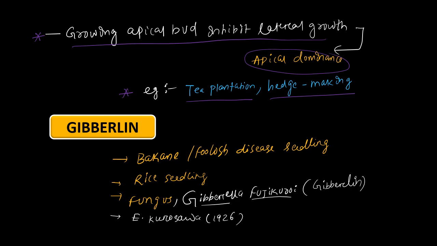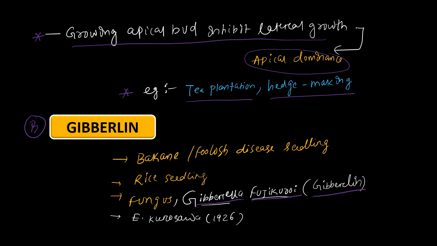Another hormone is known as gibberellin. The first gibberellin was found in one of the fungi known as Gibberella fujikuroi, which is the active component known as gibberellin.